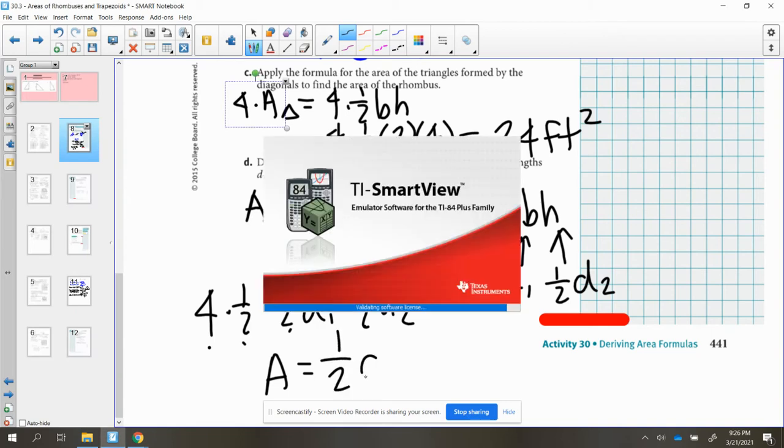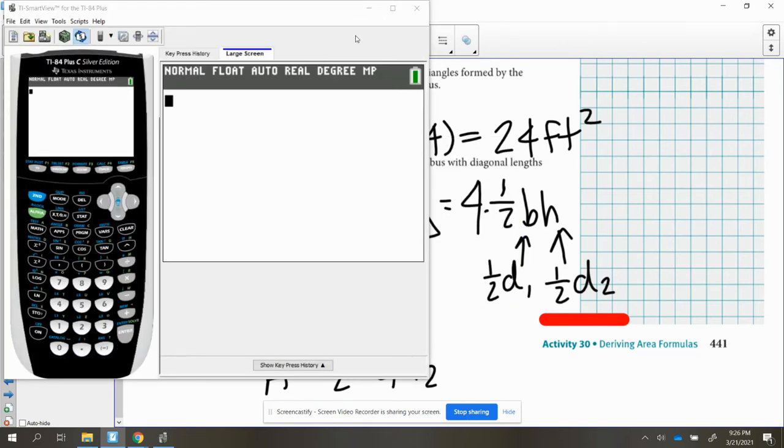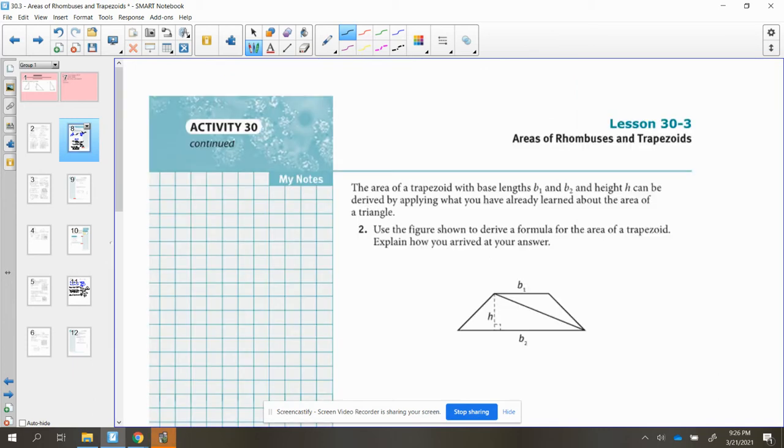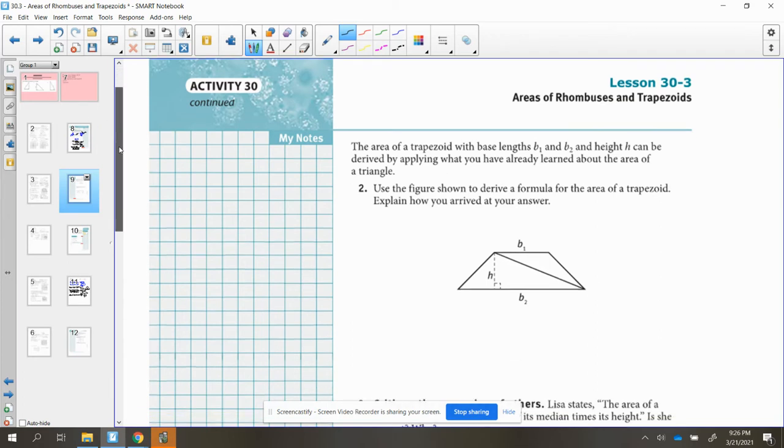You end up just getting 1/2 diagonal 1 times diagonal 2. So you will see sometimes this formula used also for the area of a rhombus. Okay, so we have basically 2 formulas for that. Now to actually use that, we'll work with some examples later on.